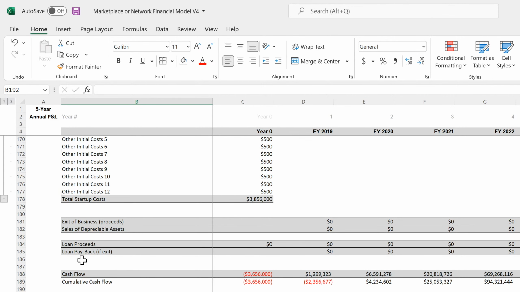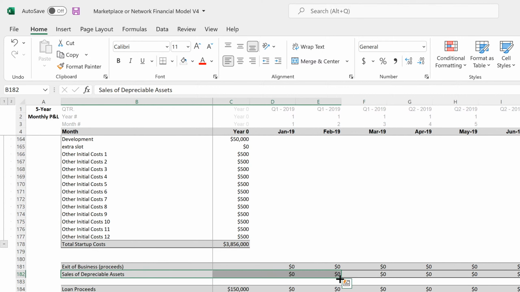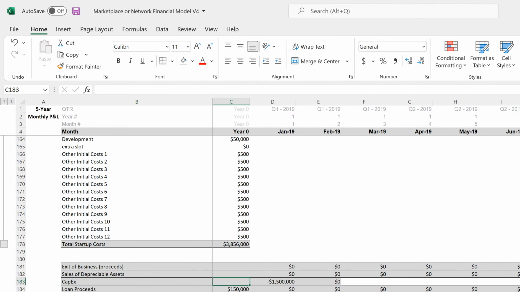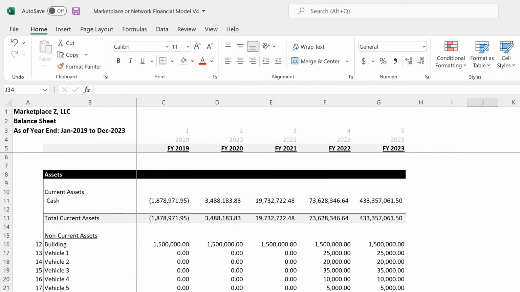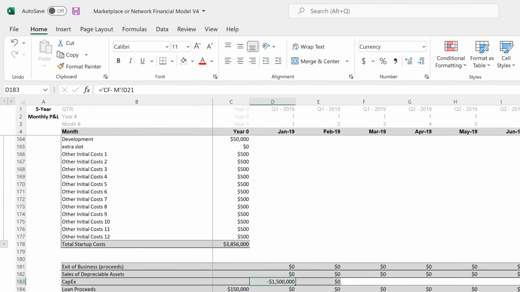Oh, CapEx. We got to add CapEx in here. Let's just put it right in with these. So CapEx is going to be, oh, is that already referencing it? D21 cash flow. No, so it's going to be 18.